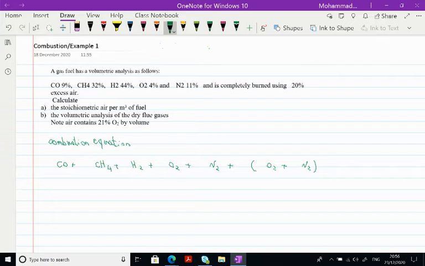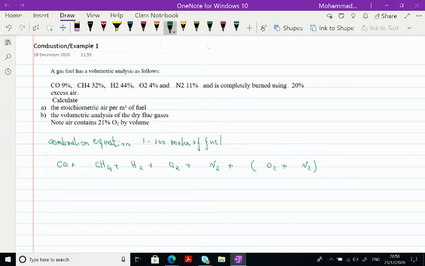So now we just consider that we have got 100 moles of the fuel. So the first consideration is 100 moles of fuel.